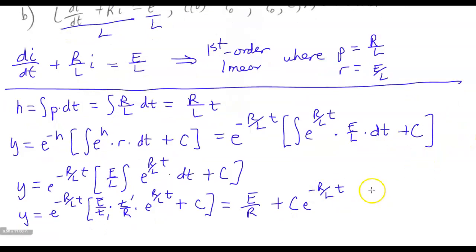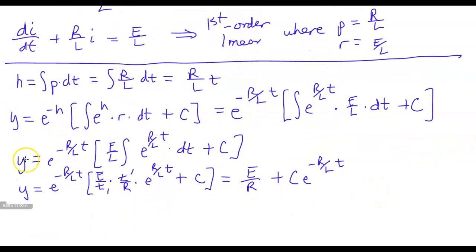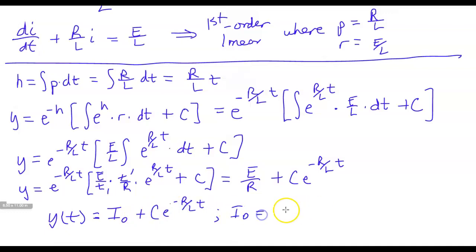And so this is what our resulting solution would look like. So this would be y of t, and I'm going to rewrite it this way. And the reason I'm doing that is because this E, which stands for electromotive force or voltage, divided by R, is essentially current.